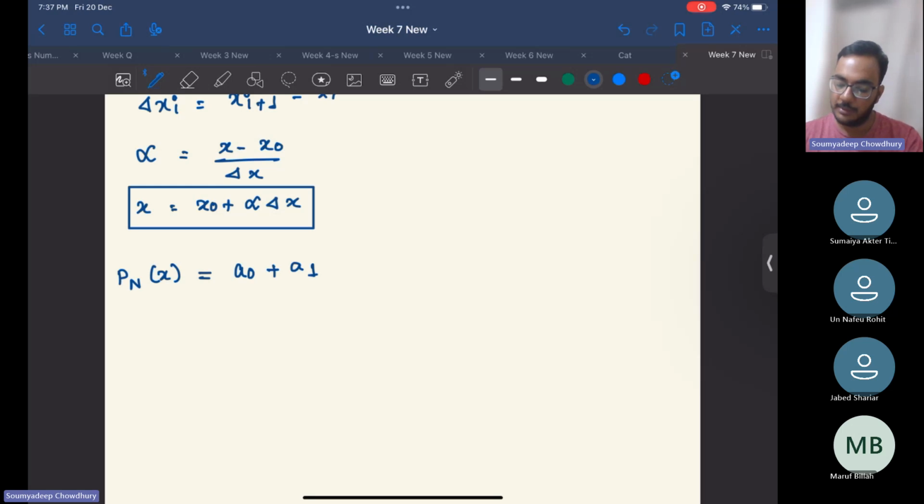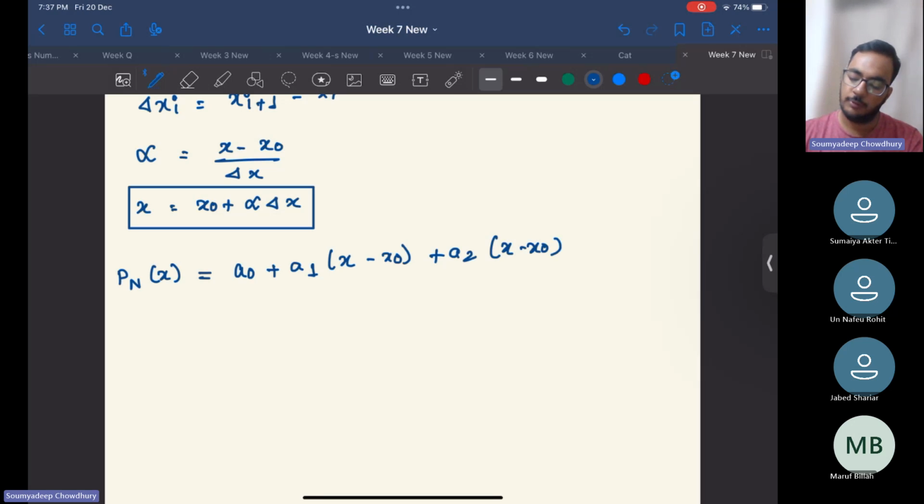It can be represented as a naught plus a1 into x minus x naught.